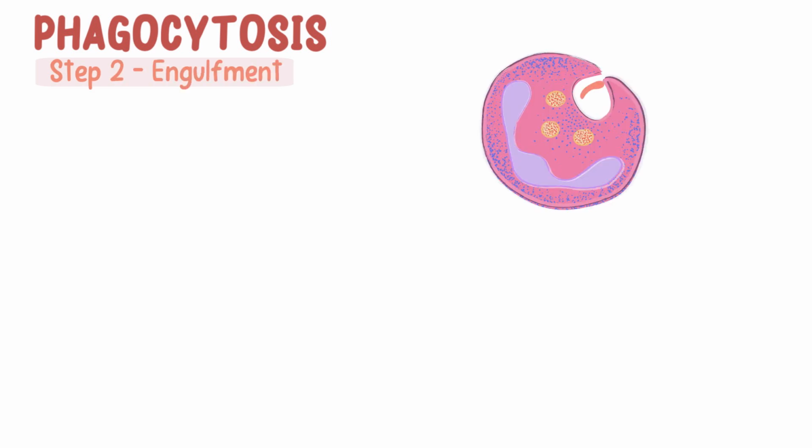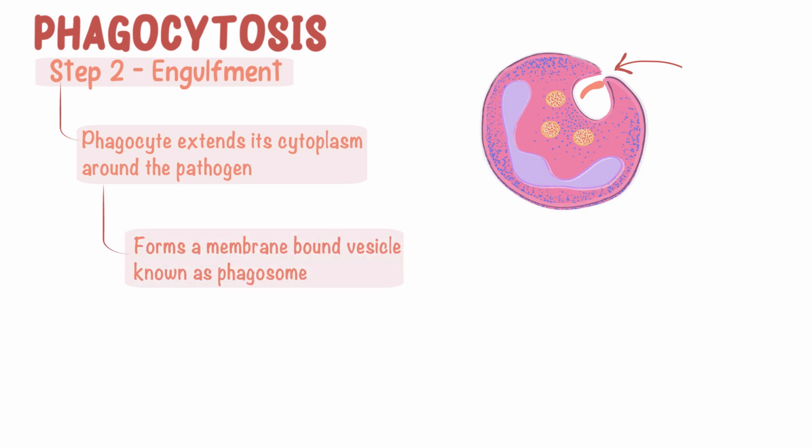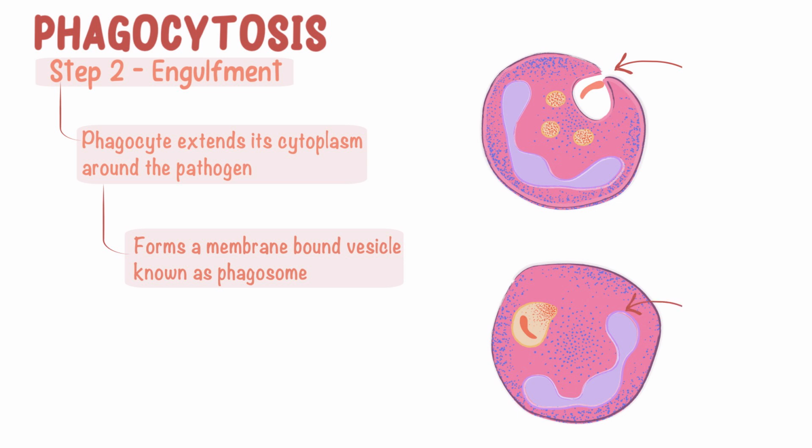Once the phagocyte has attached to its target, it engulfs it by extending its cytoplasm around the particle, forming a phagosome, which is basically a membrane-bound vesicle inside the cell. The phagosome then fuses with a lysosome, creating a phagolysosome, where the actual digestion of the particle takes place.